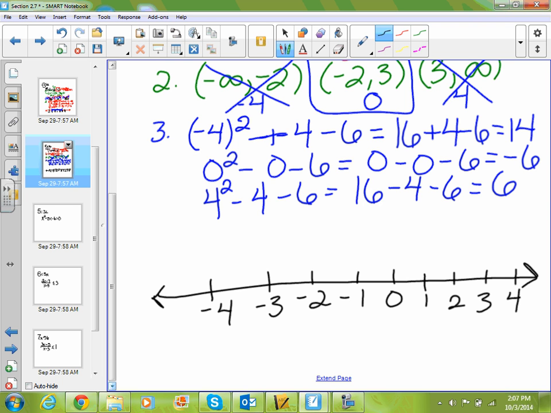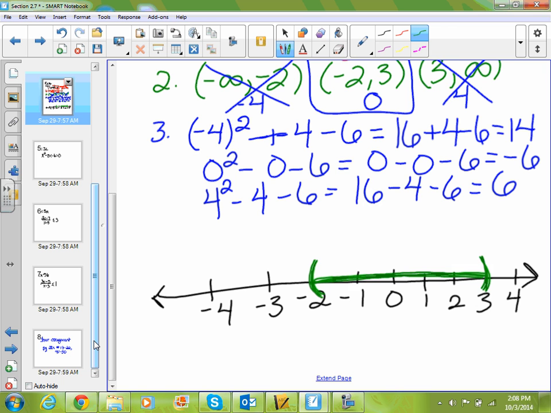Okay, and so I know that my interval is in between -2 and 3, so I'm going to put my parentheses at -2 and 3. And then I know that I need to shade in between those. So any solution point could fall in between -2 and 3. Okay, does that make sense, or do we want to do another one like that?